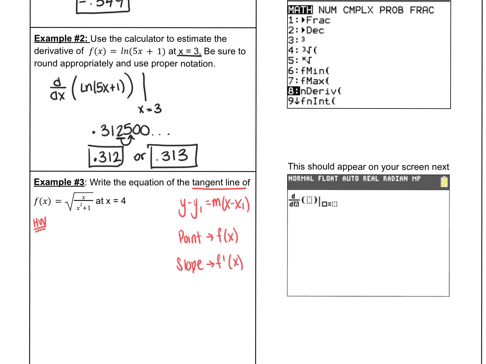So you might need to use the calculator to find the derivative because we don't know how to find this algebraically. And you may be able to find the point algebraically by simply plugging in. So I'm going to let you just at least try it. If you have trouble, that's okay, but at least give it a shot. And then we'll start class by going over this one tomorrow.